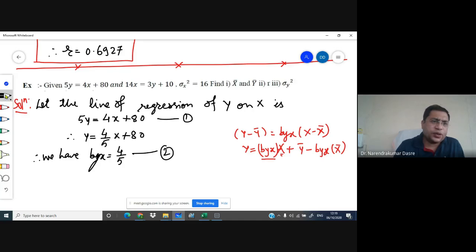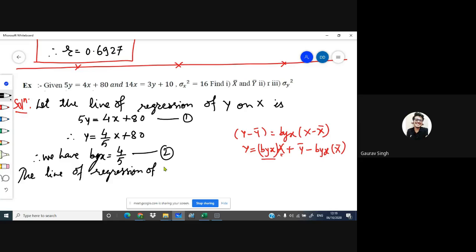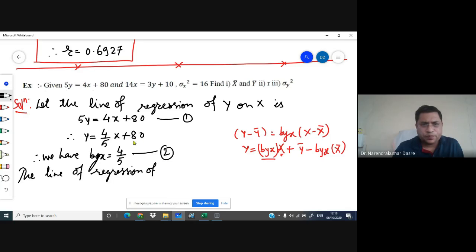And now what do we have next? Now we have the line of regression of x on y. Sir, 80 should also be divided by 5. Yeah.